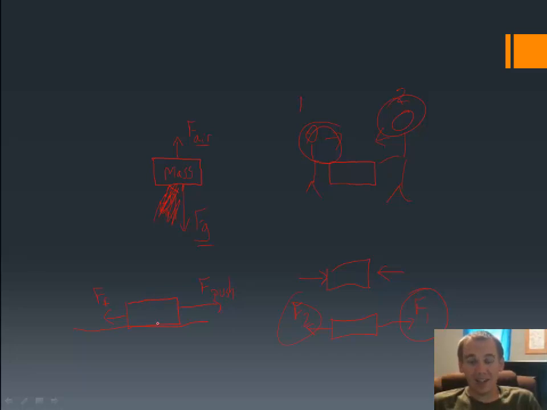And technically on this one, if it's resting on the surface, then you still have the force due to gravity, and you still have the normal force perpendicular to the surface. So this is a free body diagram showing a whole bunch of forces that act on an object, hopefully all the forces. The idea of a free body diagram is to make sure that you have labeled every force that's acting on an object, because that will allow you to determine what's going to happen to the object.